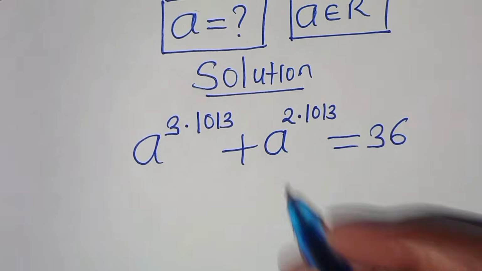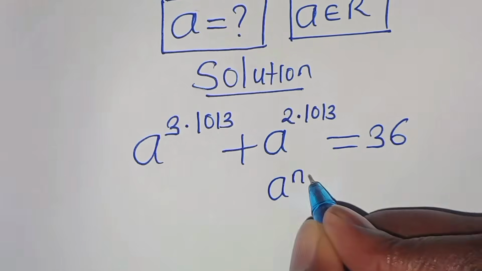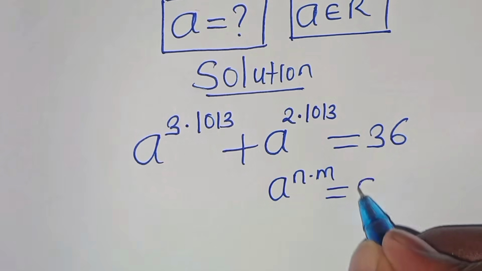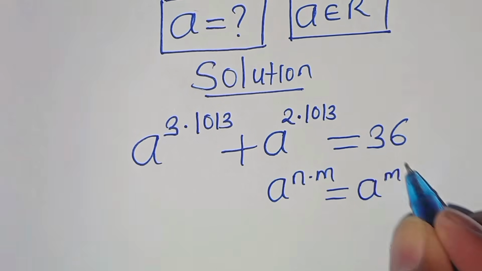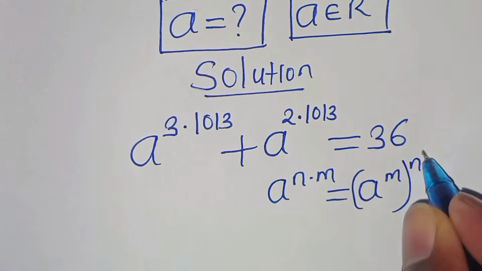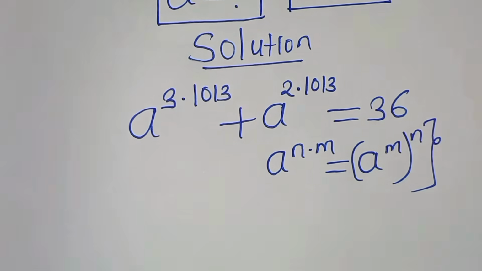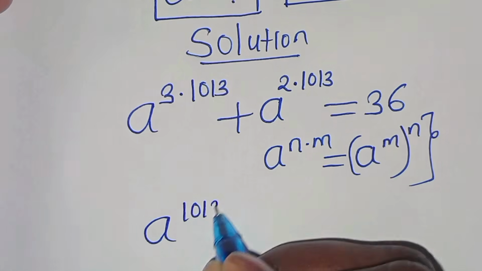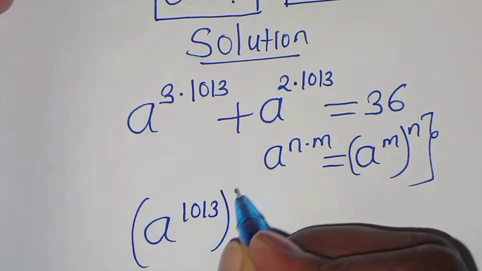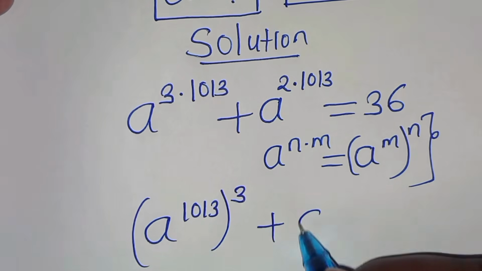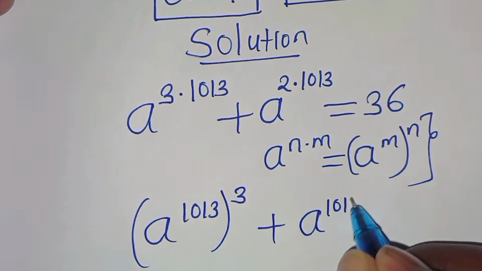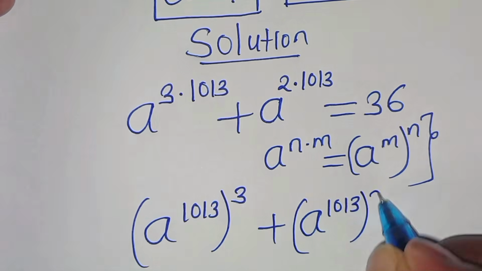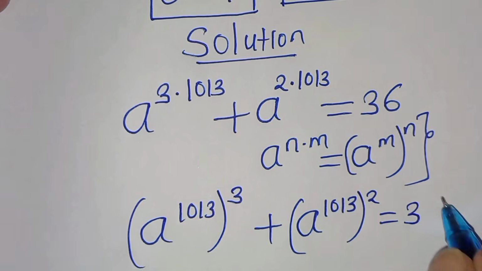Now, this is in the form of a to the power of n times m, which we can express as a to the power of m raised to the power of n. Applying this exponent property, we have a to the power of 1013 raised to the power of 3, plus a to the power of 1013 raised to the power of 2. This is equal to 36.